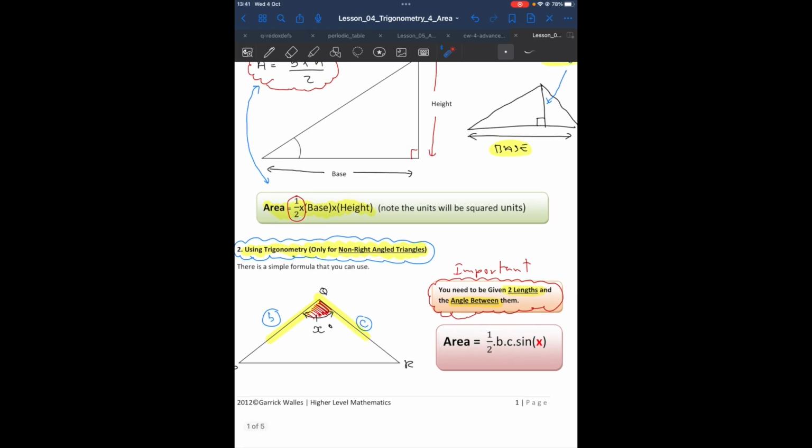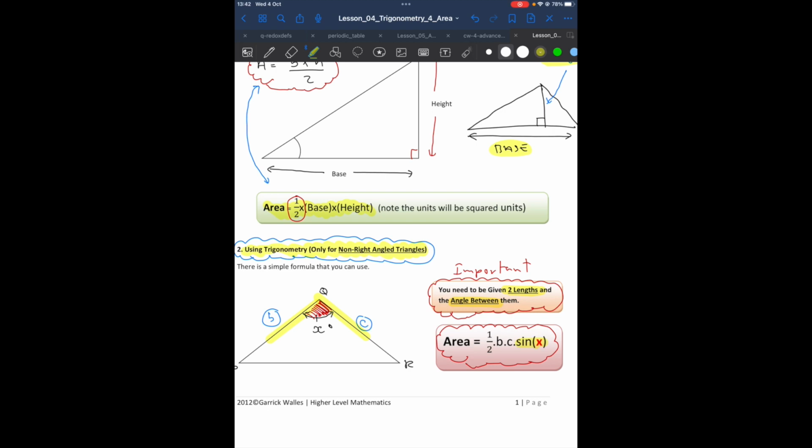Now, there is a formula that you're going to get in your formula sheet that will help you to calculate the area of the triangle, and the formula that you're looking for in the formula sheet is this. The area of the triangle is a half times the length of b times the length of c times the sine of the angle between those two lengths, the sine of x, and it's always sine.